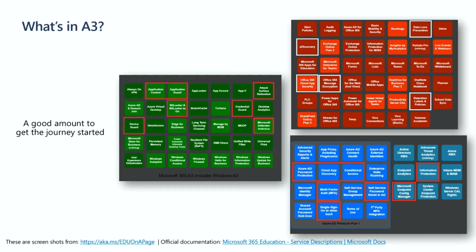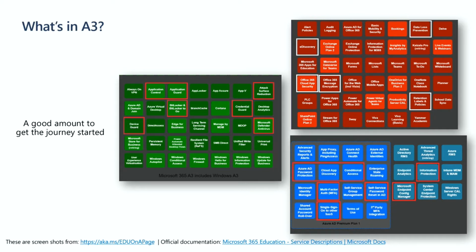It's giving you the attack surface reduction capability to help harden your workstations proactively. And that's the great thing about this new introduction into A3: it's not just Windows anymore. That holds true with Mac, iOS, and Android. So that capability spans all of those devices. Very valuable. But the key here is with A3, you really do have a great foundation. You can start your security and compliance journey with these licenses.